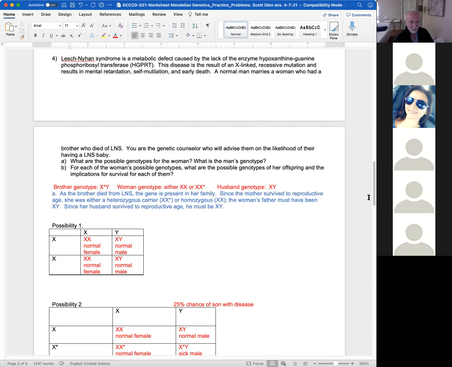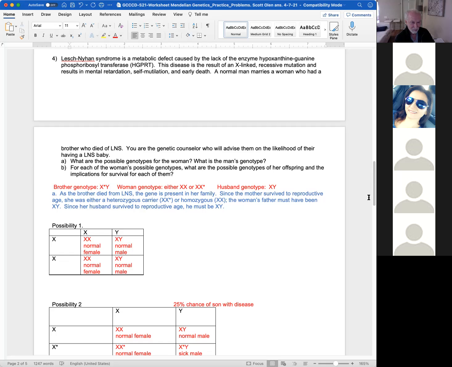The children, for girls, maybe they carry or don't carry, but none of them will have two. It will only be carrier or not have the disease.